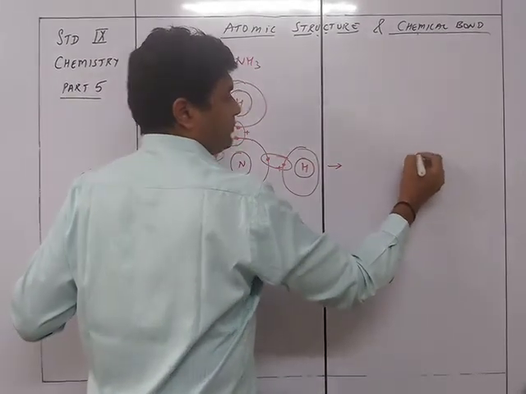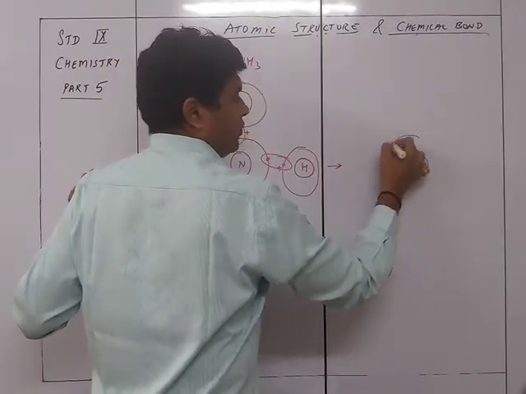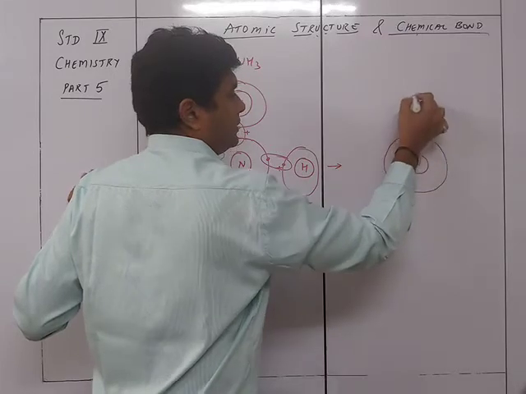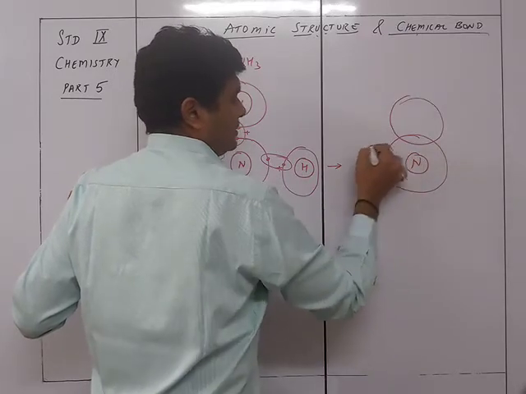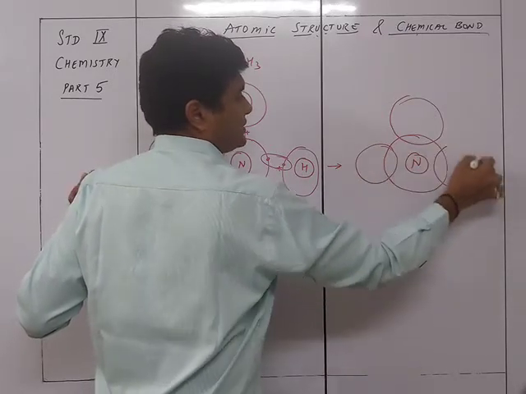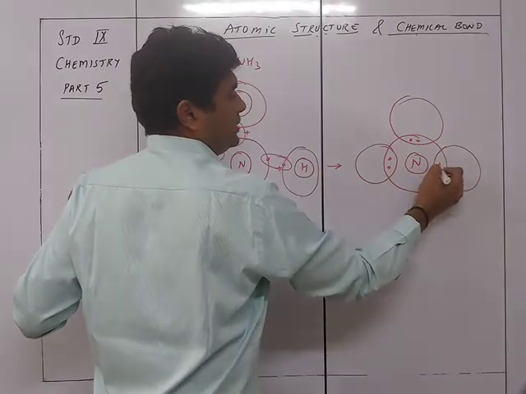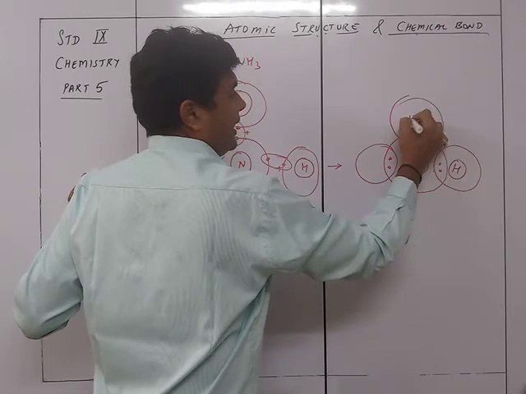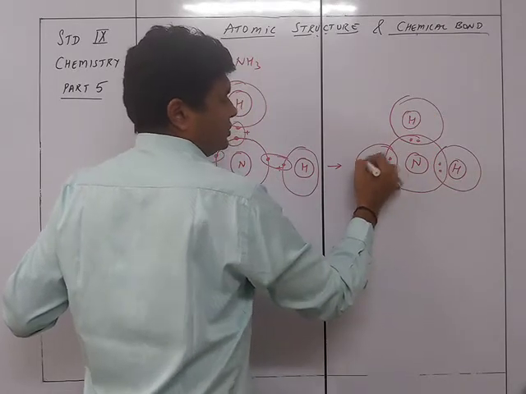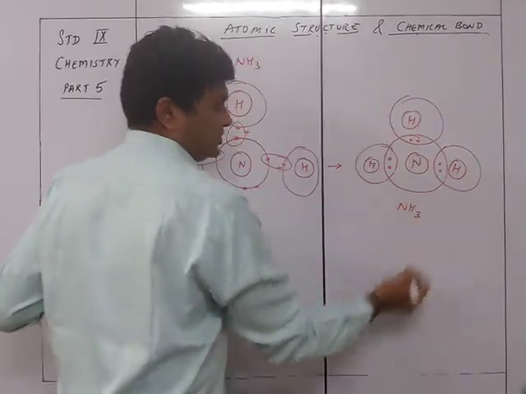It will be N forming a structure like this, with 1 electron each being shared with the hydrogen atoms. So this is the formation of NH3.